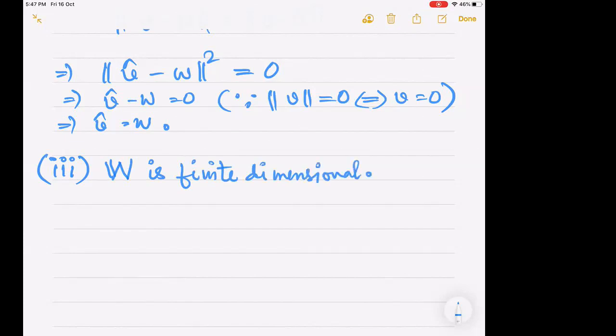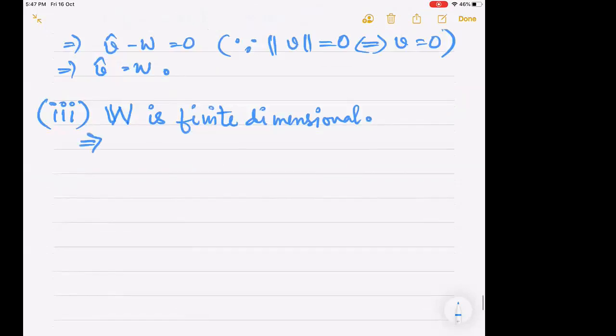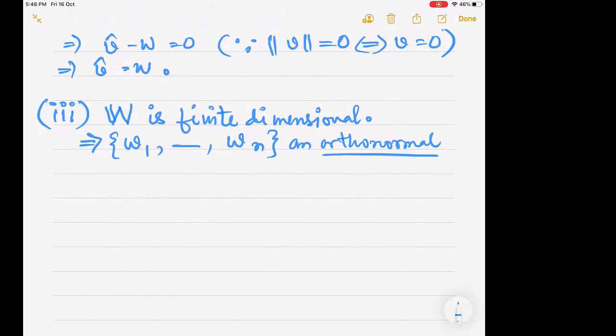Then by Gram-Schmidt we know that there exists w1 up to wn, an orthonormal basis. Let's keep it orthonormal. W is finite dimensional, then by Gram-Schmidt there is an orthonormal basis for W.